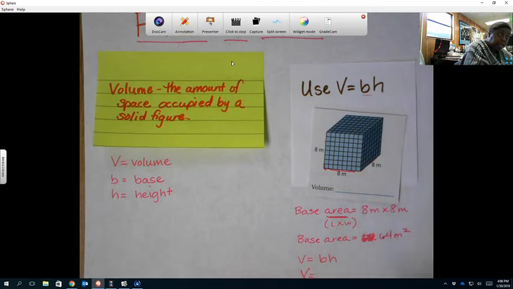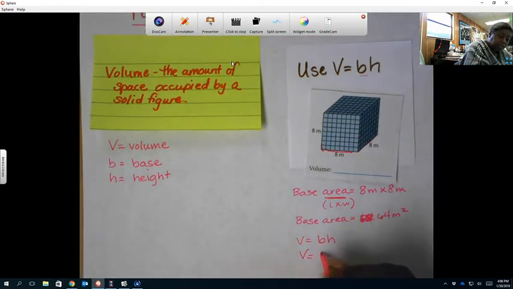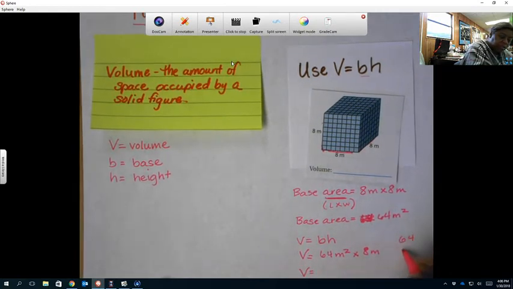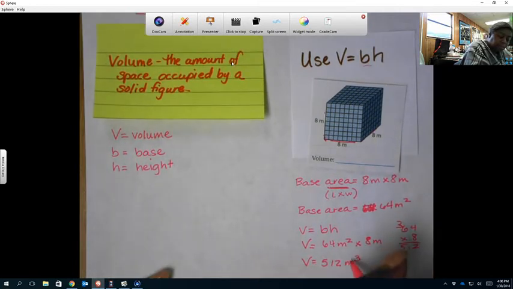V, standing for volume, equals 64 square meters times 8 meters. V equals, we'll multiply that out, 64 times 8, 512 meters cubed.